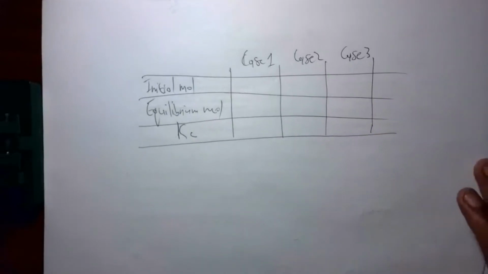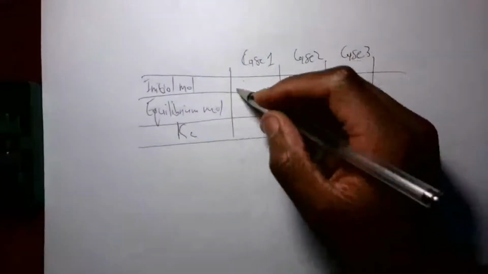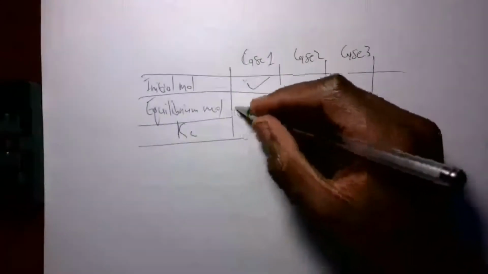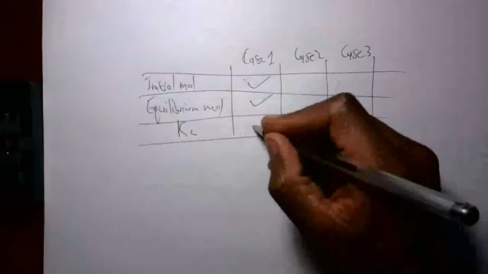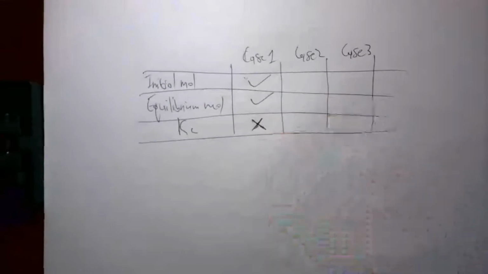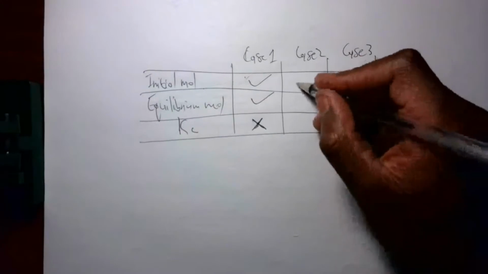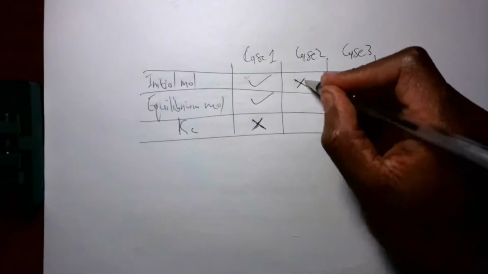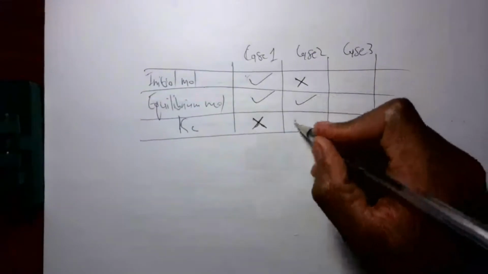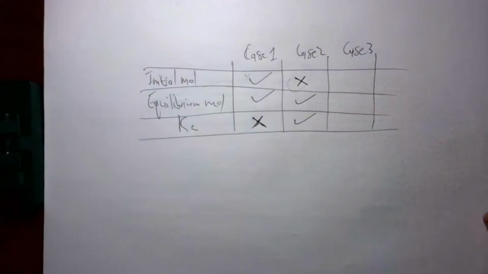This will make things easier for us to calculate our KC or calculate the unknown. In case 1, we'll do a problem where we are provided with sufficient information initially and some information at equilibrium, and we are required to calculate KC. In case 2, we are not going to have sufficient information initially, but we'll have some information at equilibrium and the KC value, and we are asked to calculate the initial amounts that were not provided.